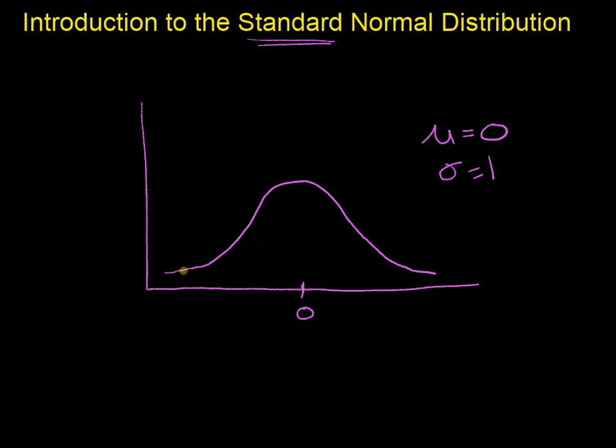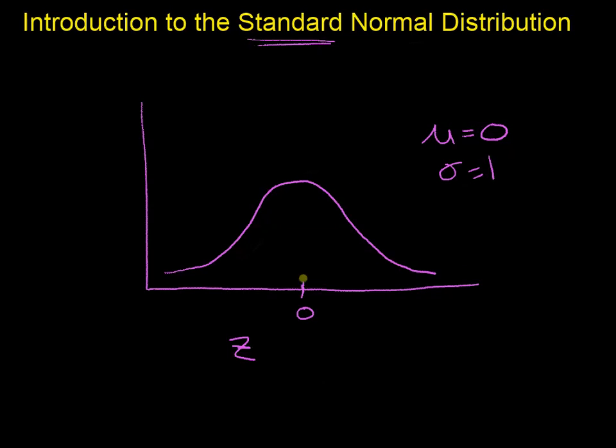That means that a random variable that has this distribution is a standard normally distributed random variable. Actually, since it's so special, we give it a standard label. We could call the random variable x, we could call it any letter, but if the random variable is standard normally distributed, we call it z.